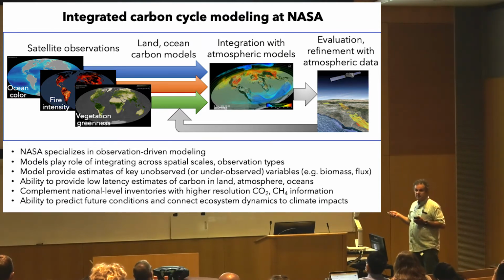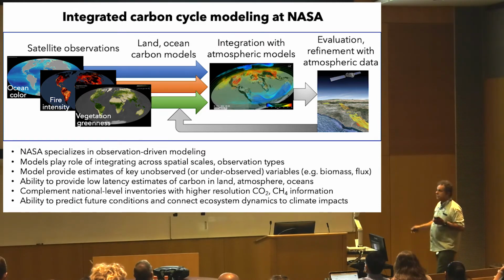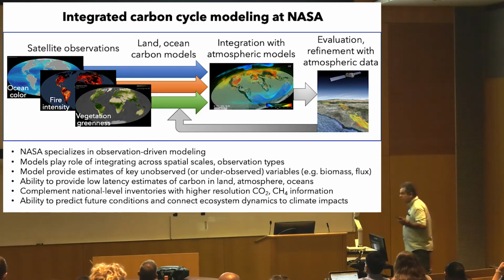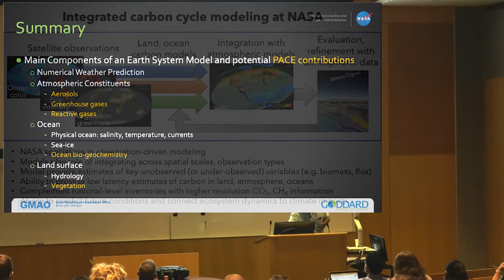I think people like Joiner at Goddard are very much interested in using this data set for this terrestrial component. So not designed for it, but I think it's going to be a good thing.